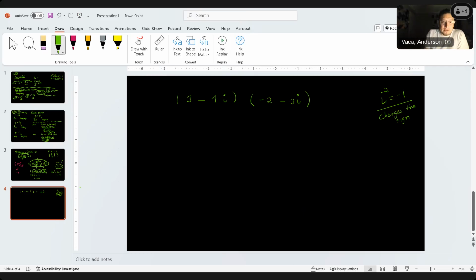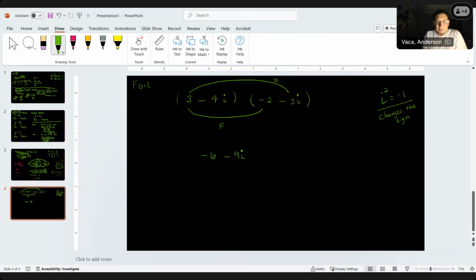So we're going to use the FOIL method to multiply this out, meaning we're going to multiply the first terms together. 3 times -2 will be -6. Then we multiply the outer terms. 3 times -3 is -9, but don't forget the i.